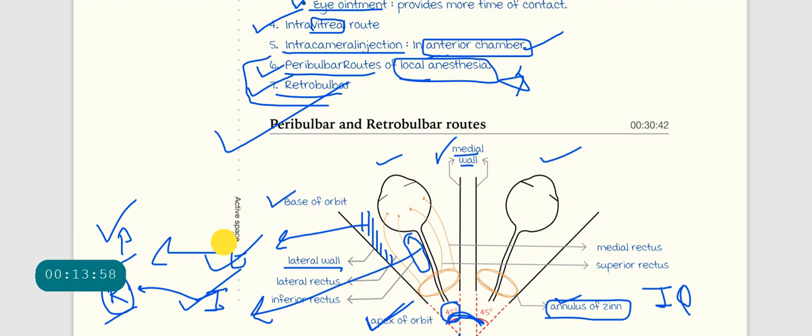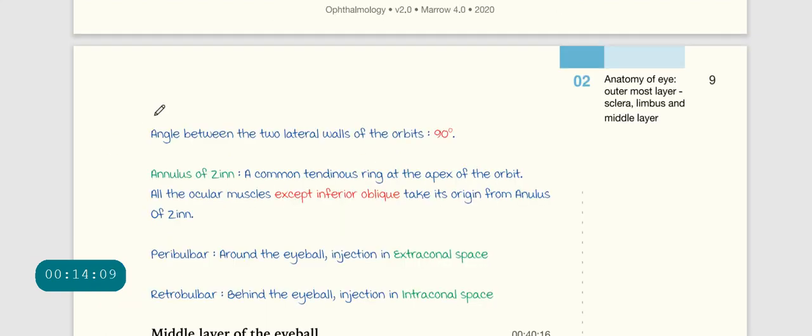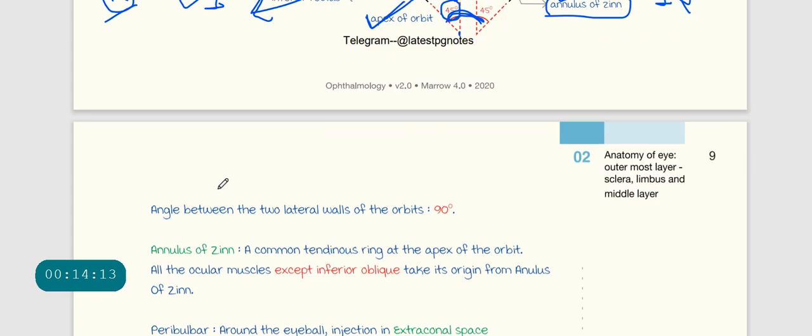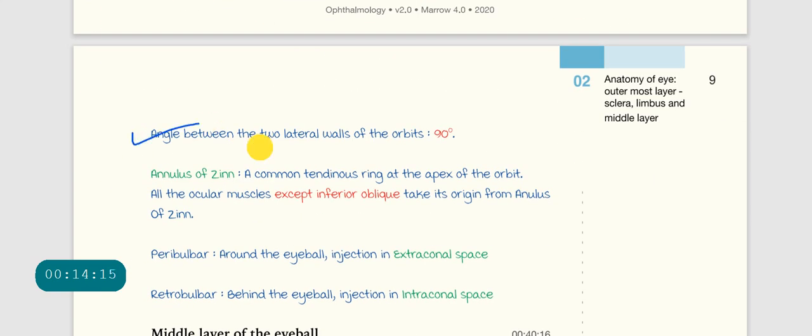Next, moving on to the points over here. The points in retrobulbar and peribulbar: the angle between the two lateral walls is 90 degrees, as we discussed. The annulus of Zinn is a tendinous ring at the apex of the orbit, as we studied, and all the ocular muscles except inferior oblique take origin from the annulus of Zinn.